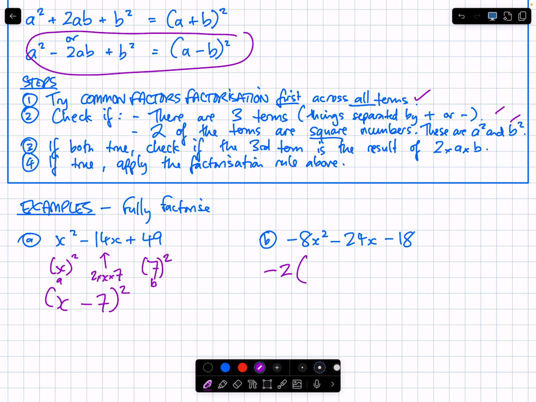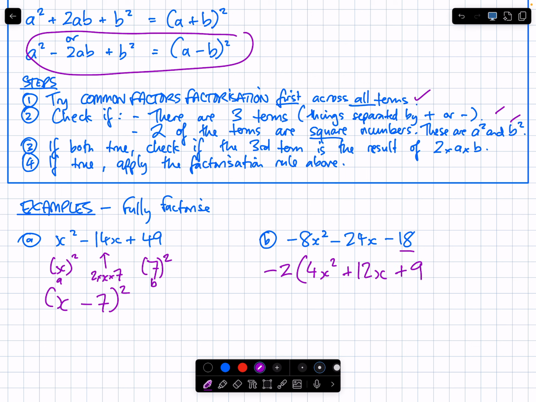What would I have to times negative 2 by to make it good? 4x squared. If I've removed negative 2 from negative 24, what would be left over? What would I have to times negative 2 by to make it negative 24? Plus 12. Positive 12, well done. And what would I need to times negative 2 by to get negative 18? Positive 9.